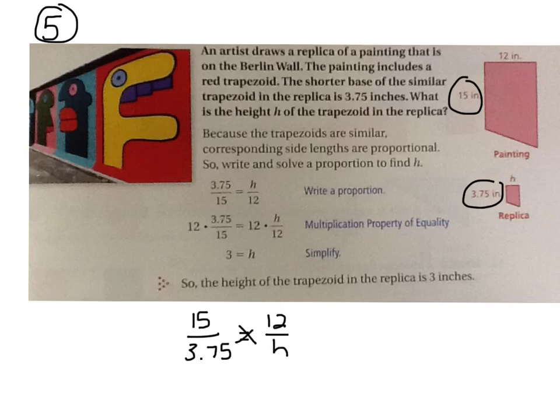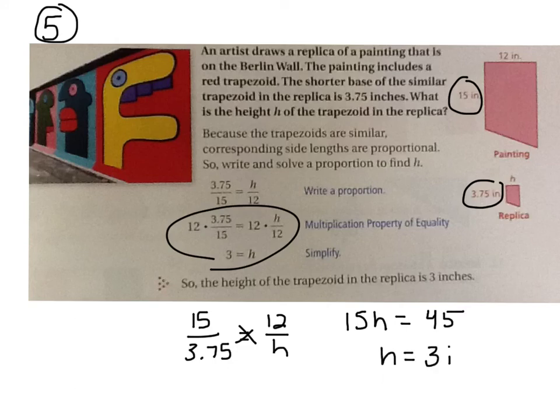So you could cross multiply. They didn't do that here, and that's okay. They just got rid of a divide by 12. If you notice, they did the opposite of divide by 12, which is times 12. And they took 12 times 3.75 divided by 15. But let's cross multiply. That gives us 15h, and then we have 3.75 times 12, which gives me 45. I divide by 15, and I also get 3 inches.